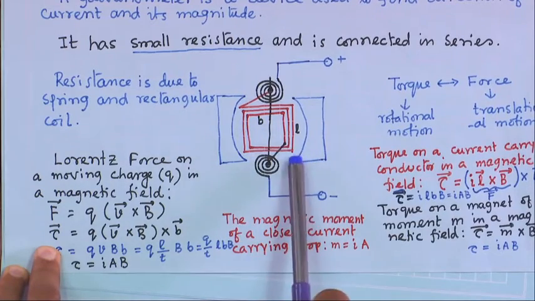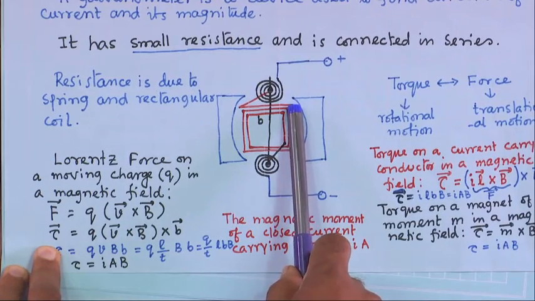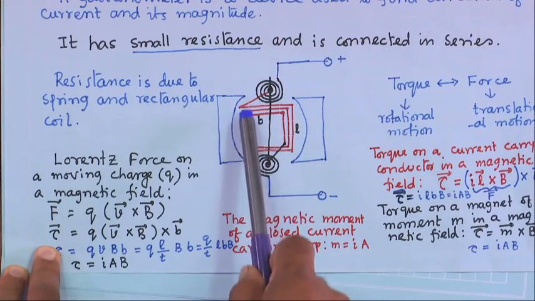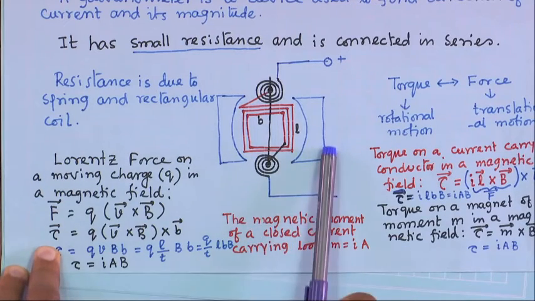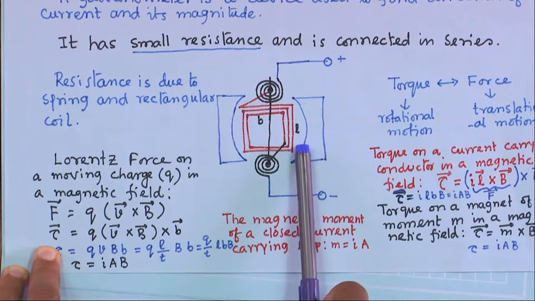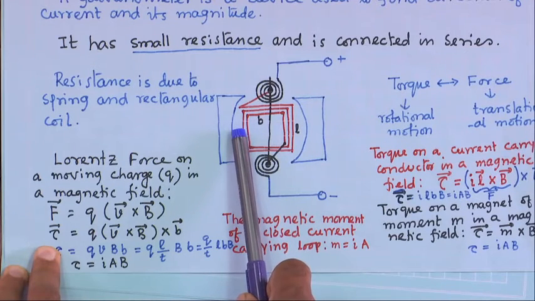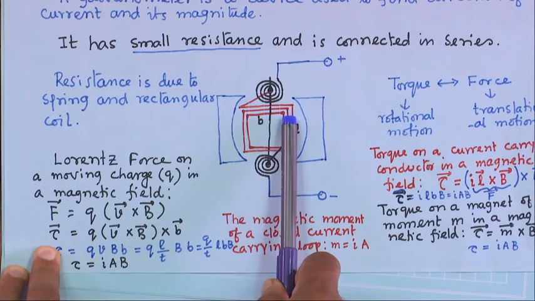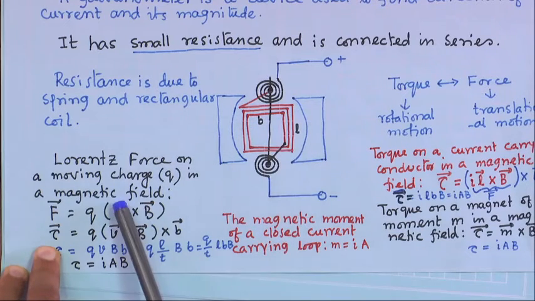So, velocity is up for a positive charge, then in this case it will be down, or vice versa. So, two forces and their perpendicular distance is b. So, force cross b, that distance, that will be the torque.